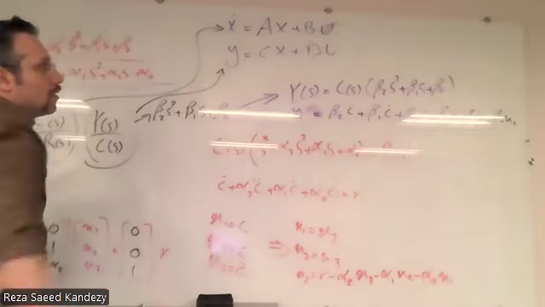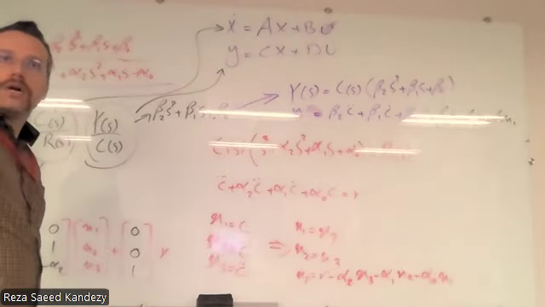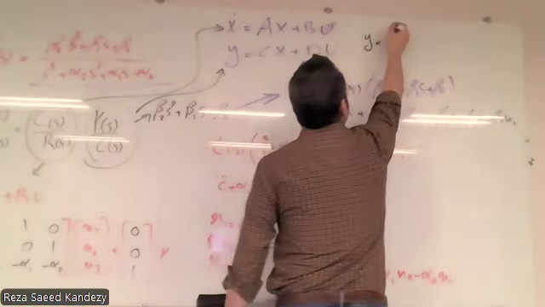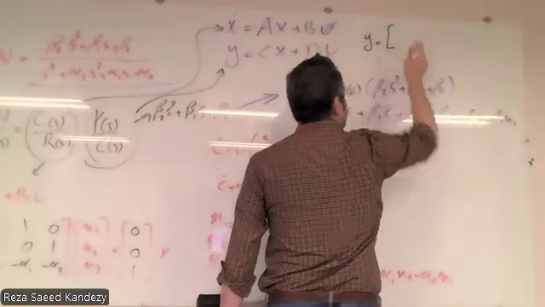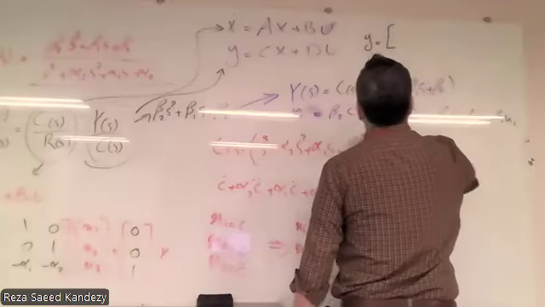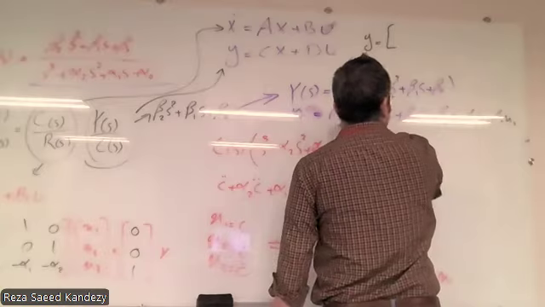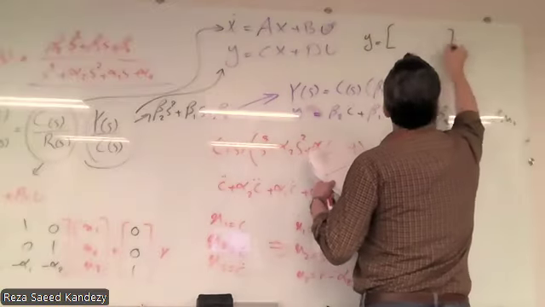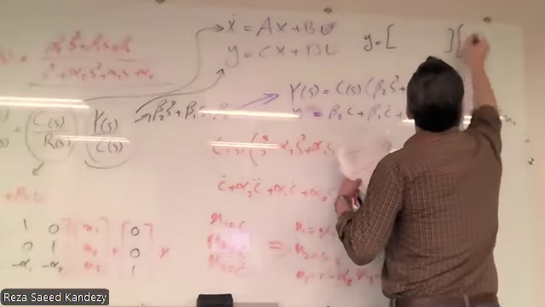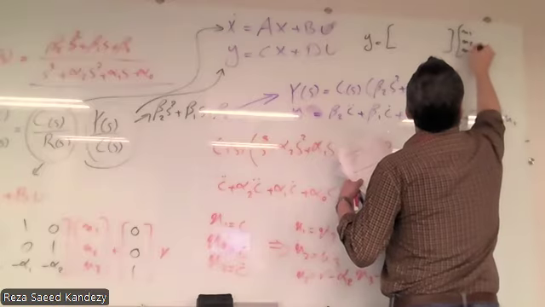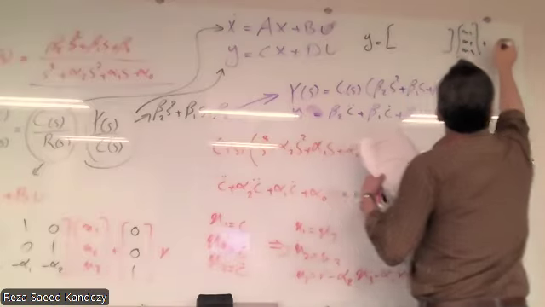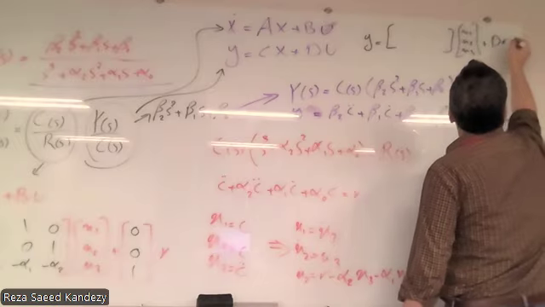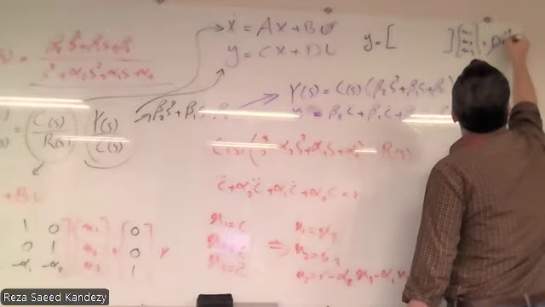So what would be our equation? We only have one y. We have the C matrix, which is a 1 by 3 matrix times x1, x2, x3 plus that D matrix, which we don't have anything, it's 0, but I'm going to write it R, but we know this is 0.